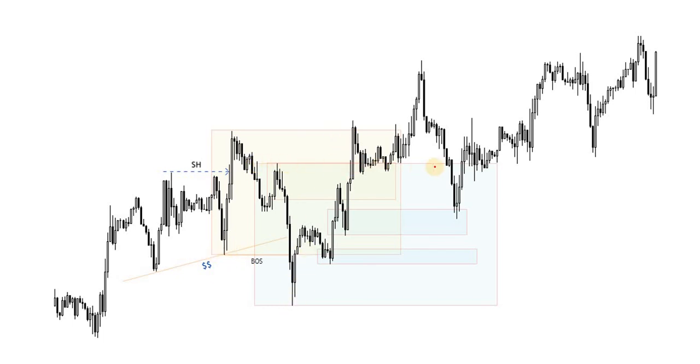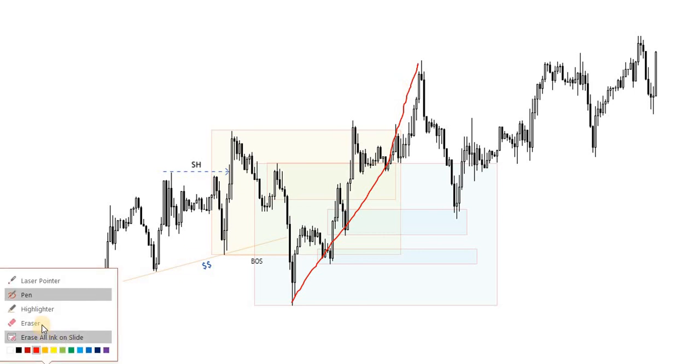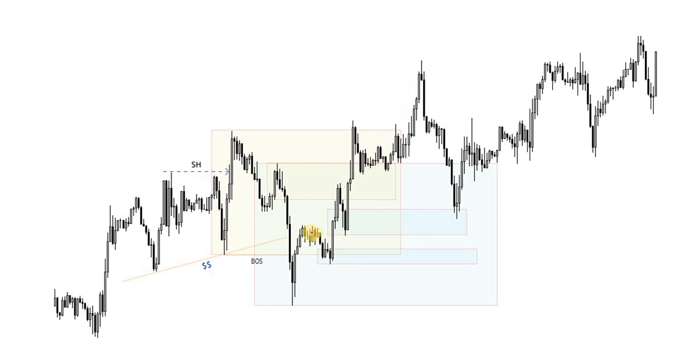Please don't get confused about it. This entire move, this entire swing, clearing liquidity and breaking structure here to the upside and continuing this impulsive move, is going to be our first point of interest.